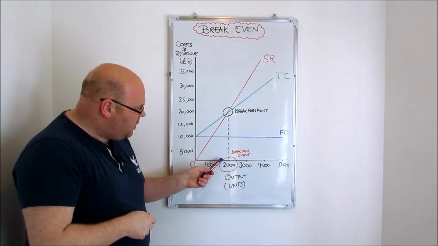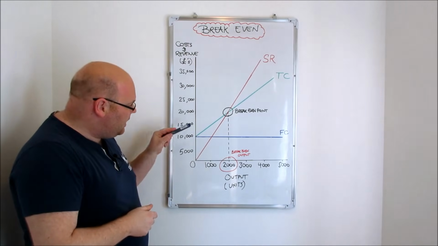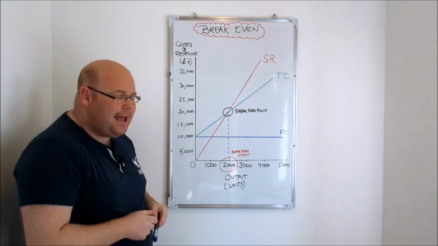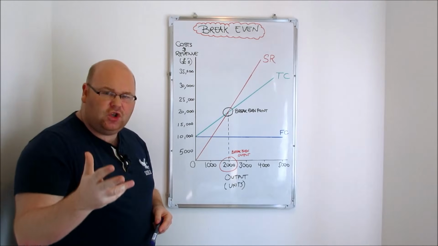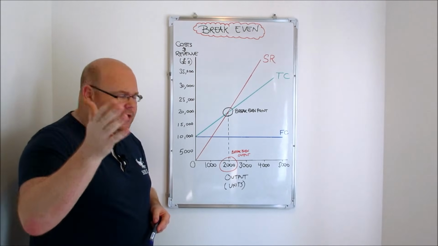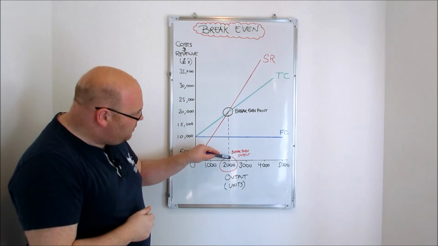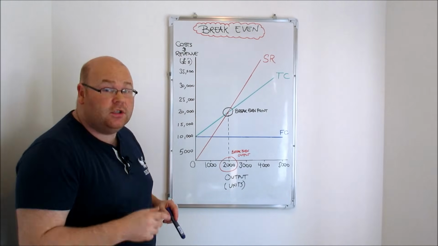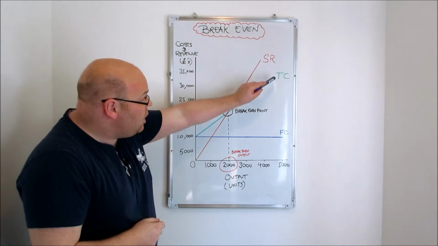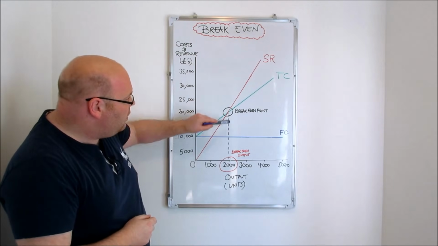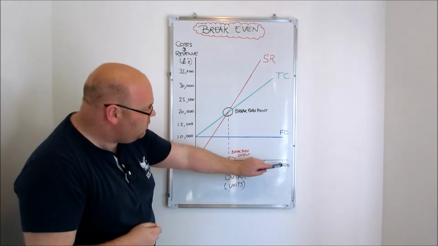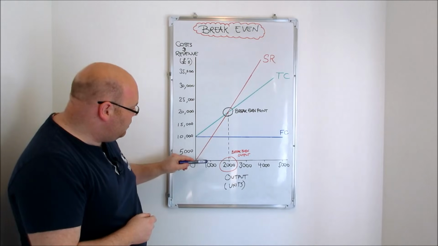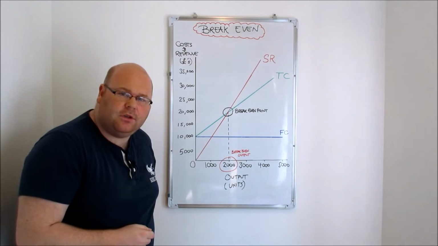But the more we increase our level of output, the more variable costs we're going to have to pay, the more we're going to have to pay for stock and raw materials and wages and transportation. So as we produce a greater level of output, our variable costs, and so therefore our total costs, will go up. So our total costs at 5,000 units are much higher than our total costs at 1,000 units.